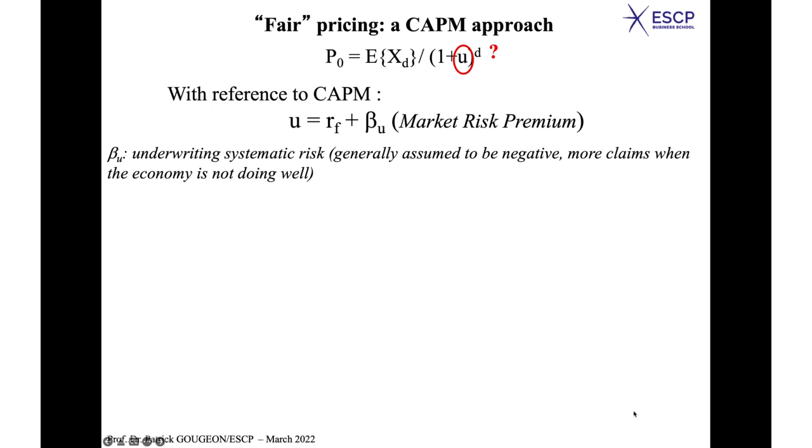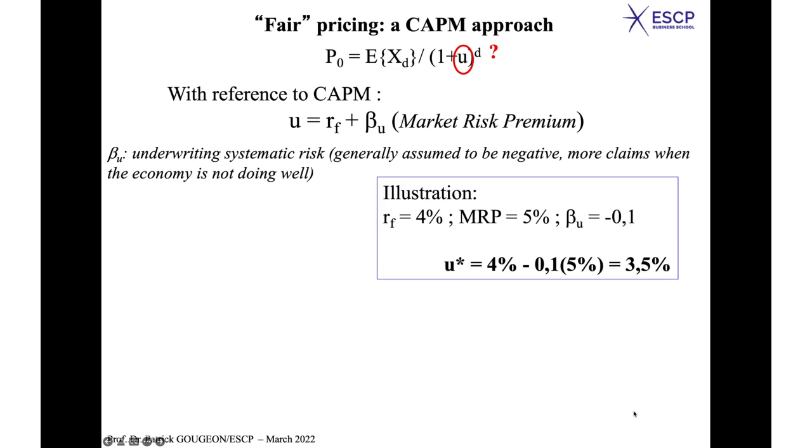Okay? So if you have a negative value, it means that, for instance, if you have a risk-free rate of 4%, a market risk premium of 5%, and the underwriting systematic beta is negative, at minus 0.1, then you see that we should price with a U equal to 3.5%. That is slightly lower than the risk-free rate.